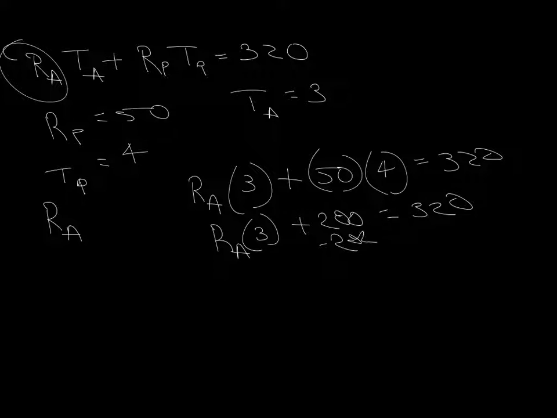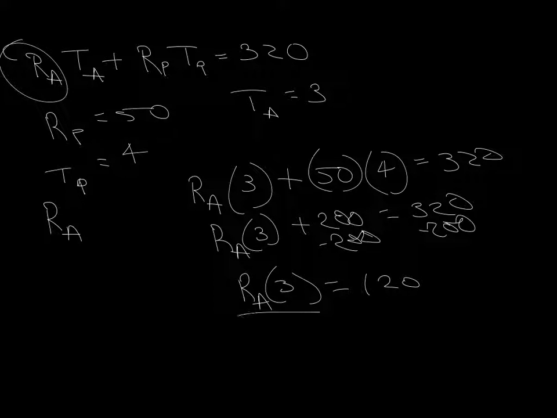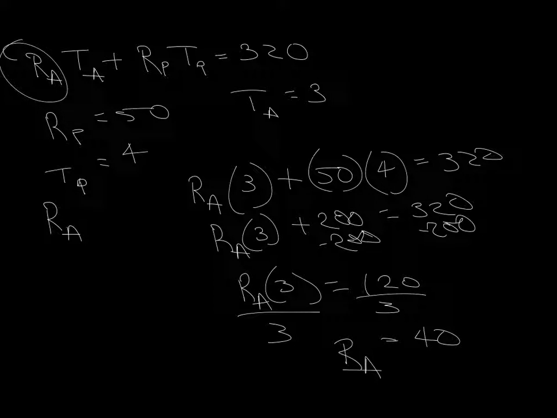Subtract 200 from both sides, and we get RA times 3 equals 120. Divide by 3, divide by 3, and the rate of Andy is going to be 40. And we're done. So there's nothing really terribly scary about this. It's just understanding that subscripted variables give you a little bit more information about what you're looking for.